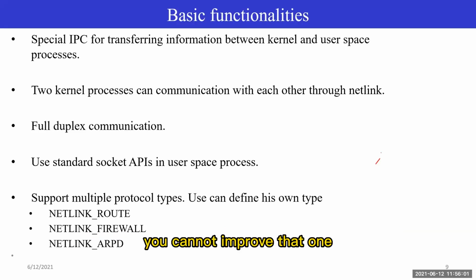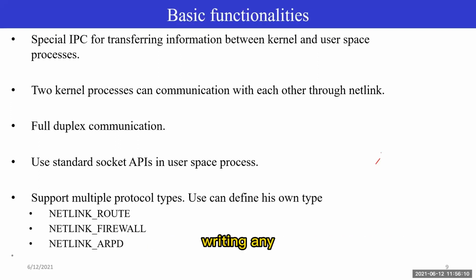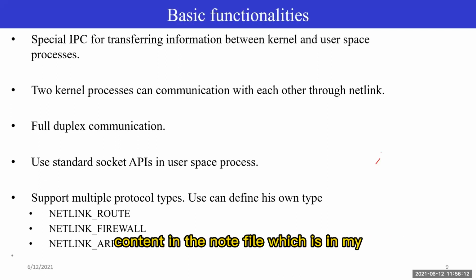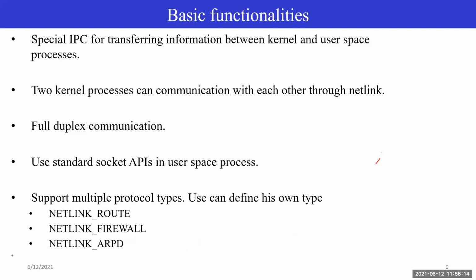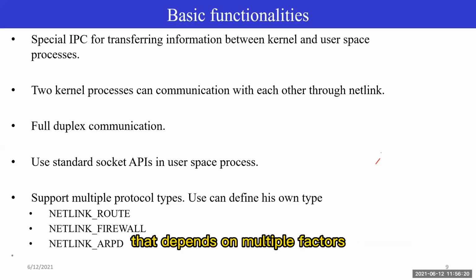Right. You cannot improve that one. But on the other hand, see the overall performance from whenever you are writing any content in the node file, which is in my machine, you are getting the experience of whether it is slow or not. That depends on multiple factors.